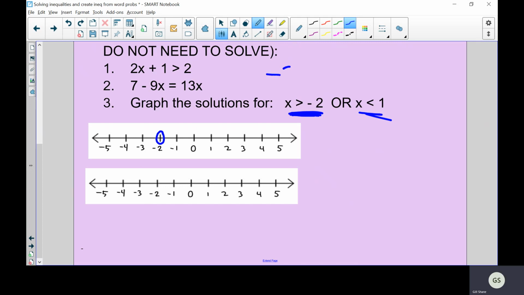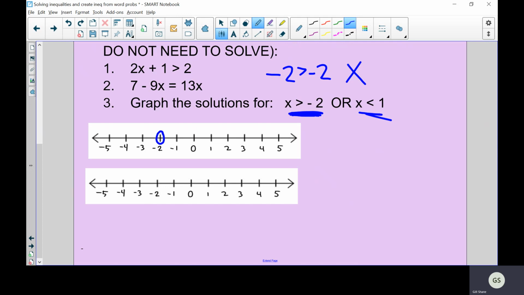So if I plug -2 in for x, is -2 greater than -2? Well, no, it's not. -2 is not greater than -2. It's just equal to -2. So -2 is not a solution. It does not make this a true statement. That is false. So it's not a solution.